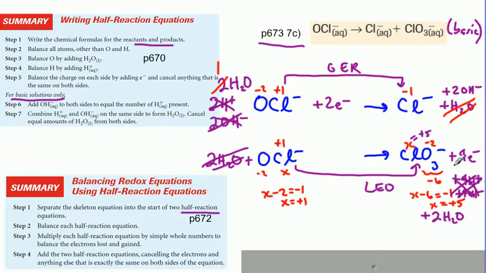So now it's just a matter of rewriting this whole thing neatly. But actually, before we do that, there's one other thing we need to do, and that is if there's 4 electrons on the right side over here and only 2 electrons on the first equation, this whole first equation is going to have to be multiplied by 2.